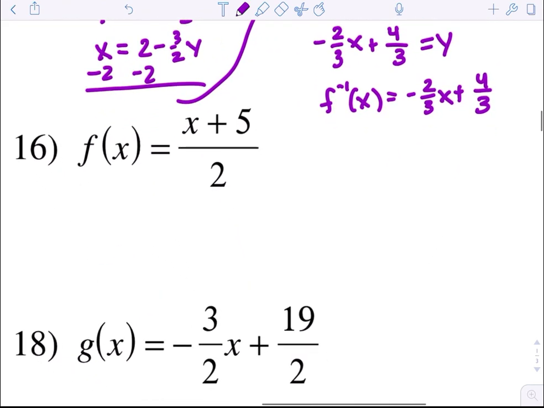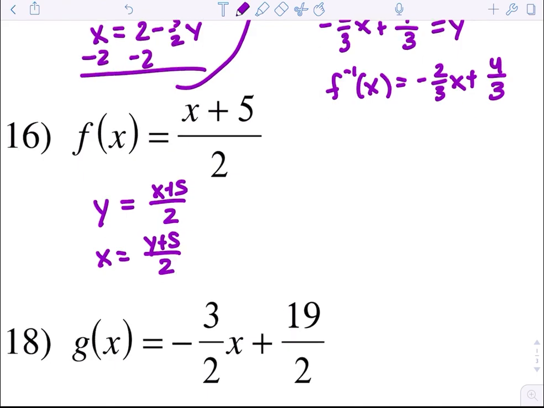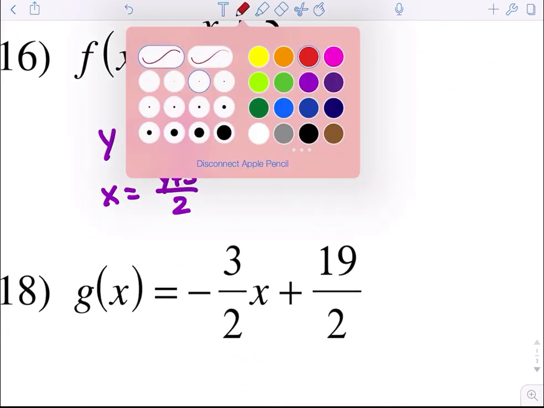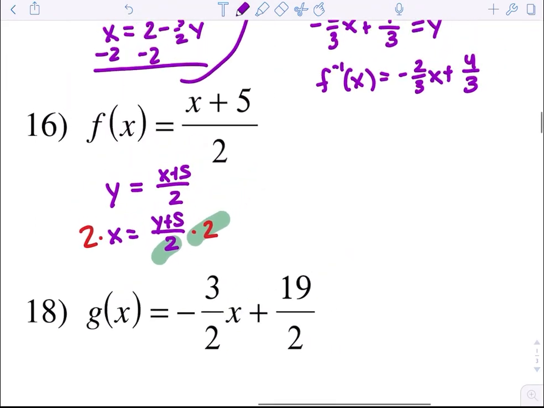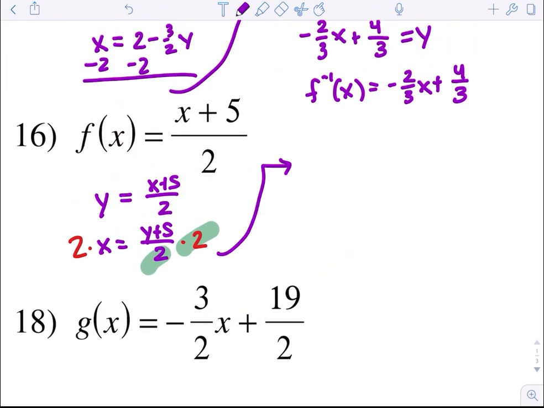16. Change f of x to be y, so y is equal to x plus 5 all over 2. Switch the variables, so this is going to be x and this is going to be a y. And now we solve for y. So we're going to multiply both sides by 2. These cancel. So we are going to have 2x is equal to y plus 5, and then subtract 5 from both sides. 2x minus 5 is equal to y.